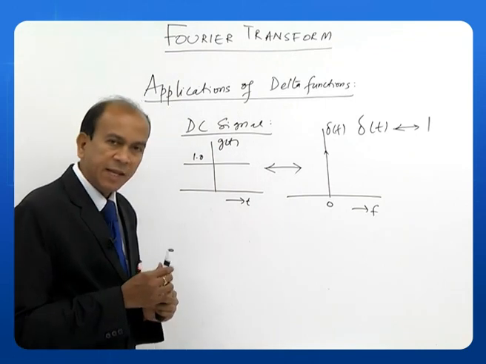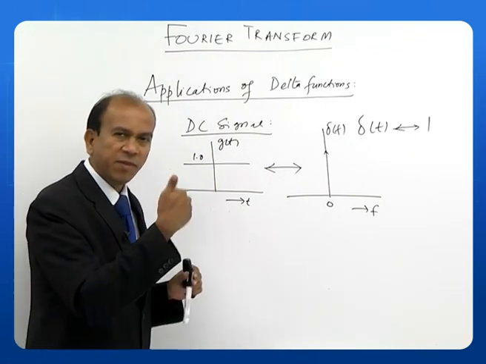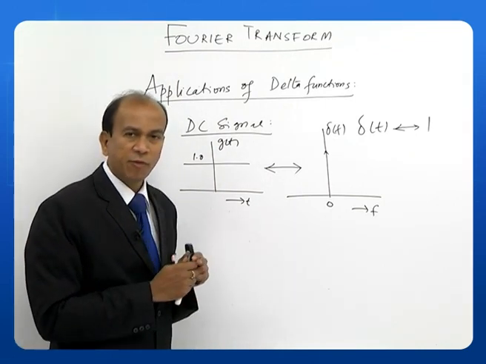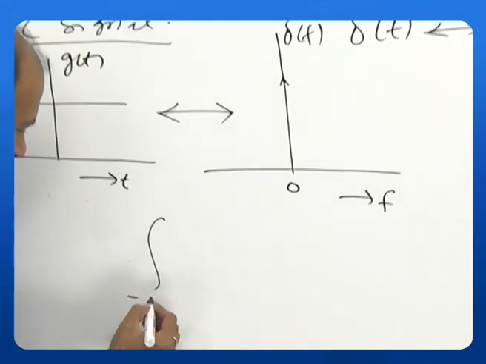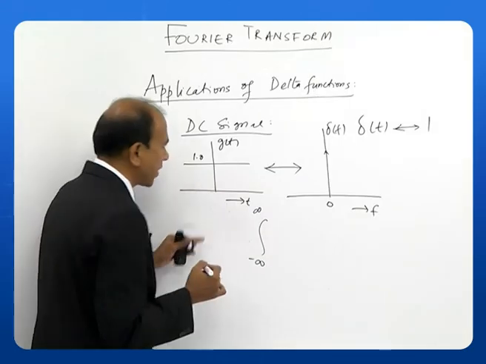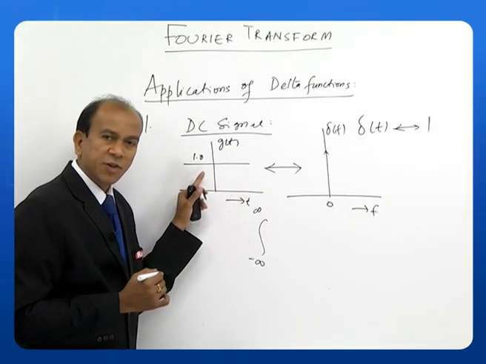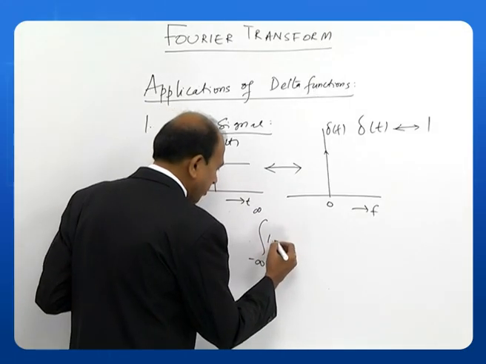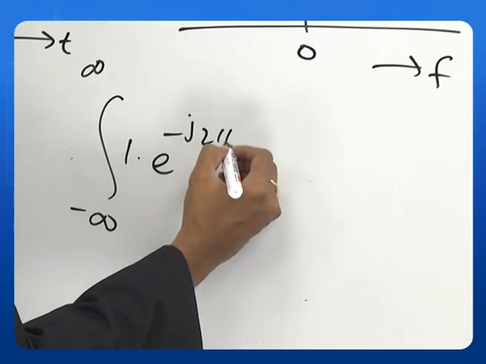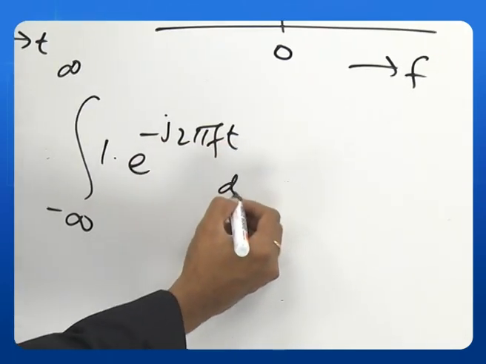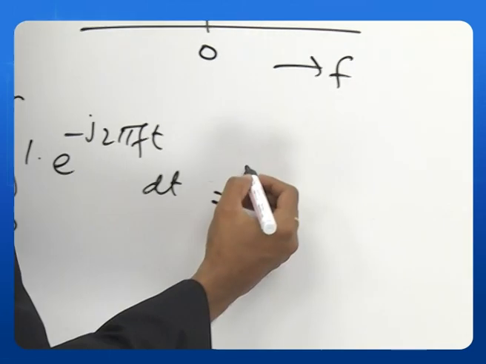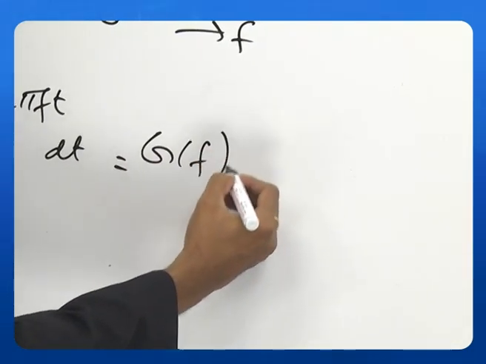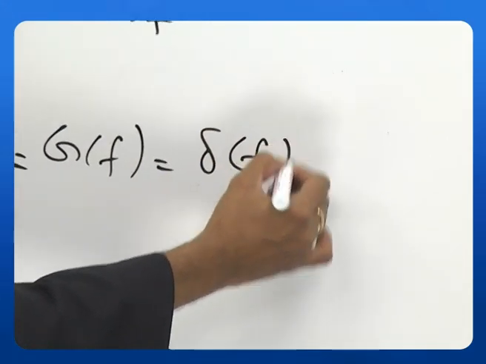So, what does it mean? We have seen the formula for the Fourier transform, isn't it? Here, from minus infinity to plus infinity, what is the value of g of t here? 1, isn't it? So, 1 into e to the power of minus j2 pi f t dt will give me the Fourier transform G of f, that is nothing but equal to delta f.